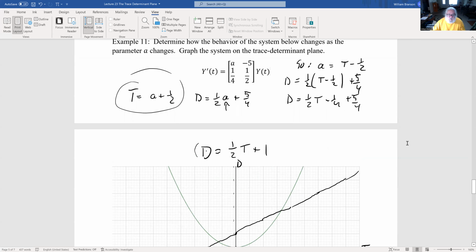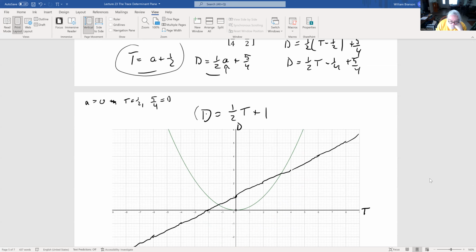So if we set a equal to 0, that gives me t equals 1/2, D equals 5/4. Right? So if a equals 0, plugging that into these two equations gives me 1/2, 5/4. So 1/2, 5/4 right there.